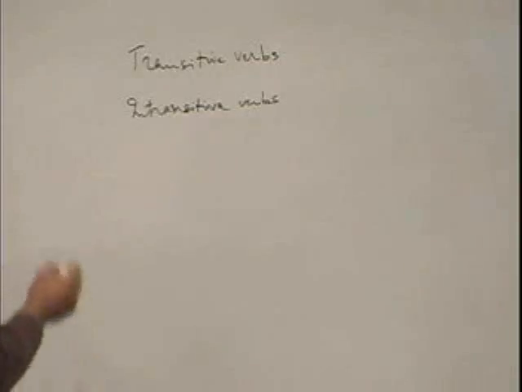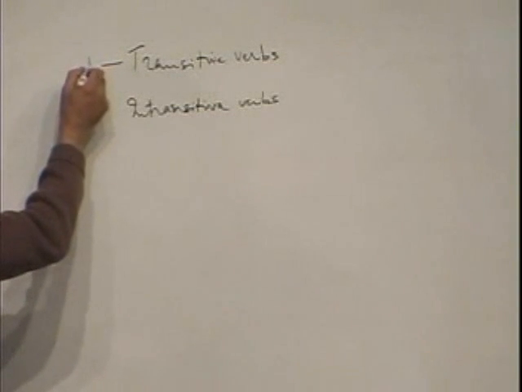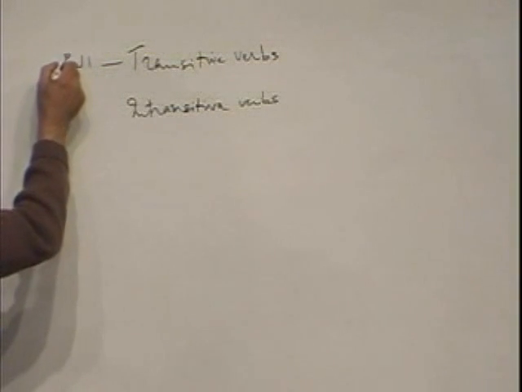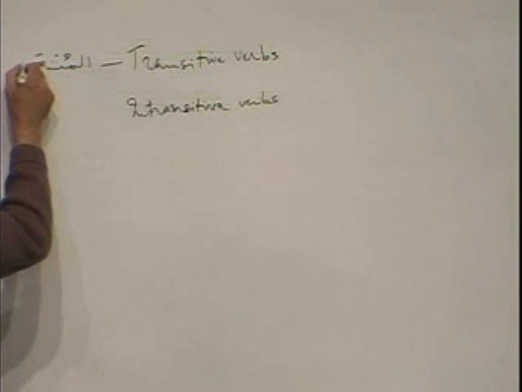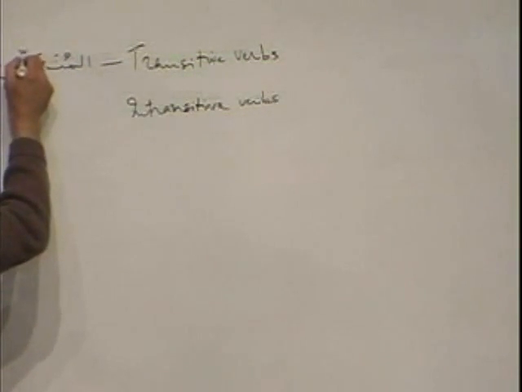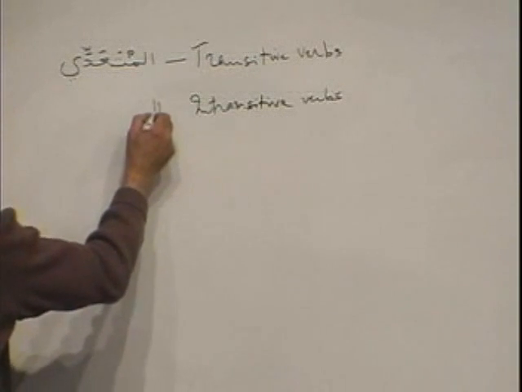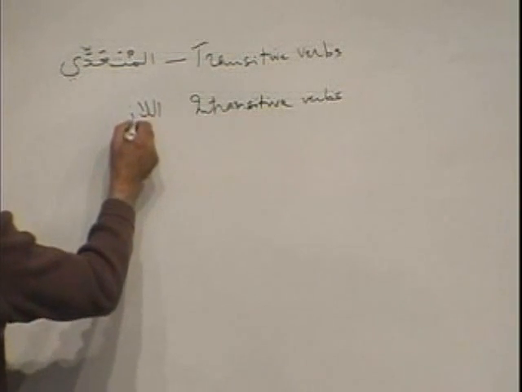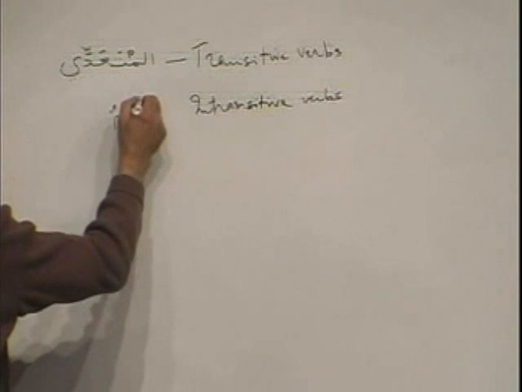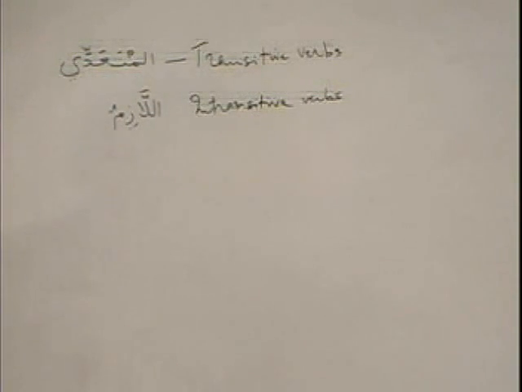These verbs are called transitive and intransitive. In Arabic we say al-muta'addi and al-lazimu.